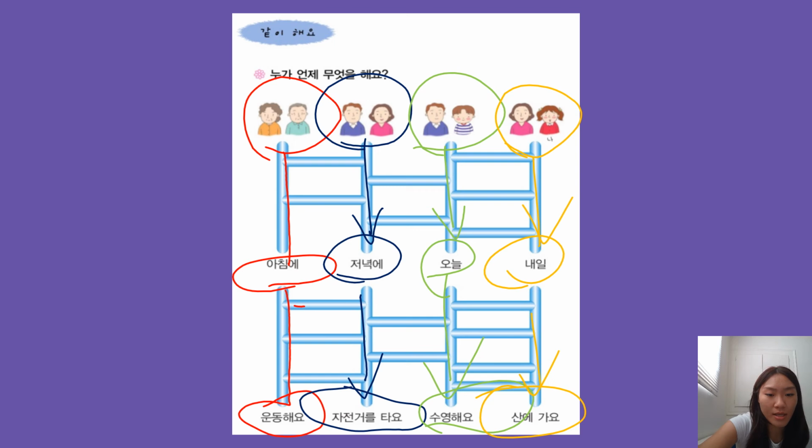You guys can do different things, like pretend you can do the 할아버지 and 할머니, you can make them say 할머니하고 할아버지는 저녁에 수영해요. Or 아빠하고 엄마는 내일 산에 가요. You could always mix it up, do whatever you want, okay? Just make sure you connect all the letters. Okay, let's move on.